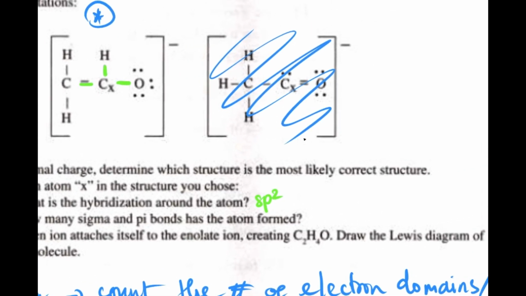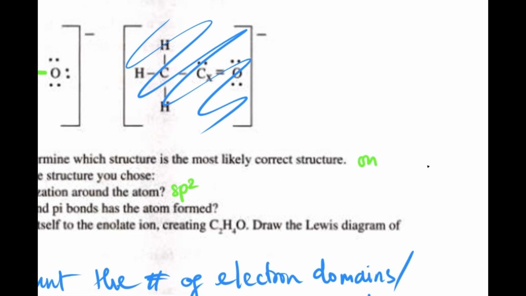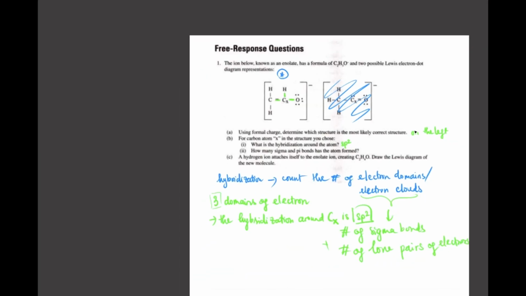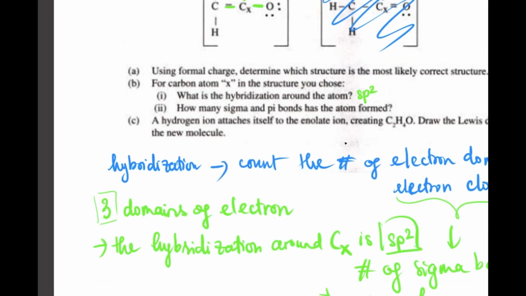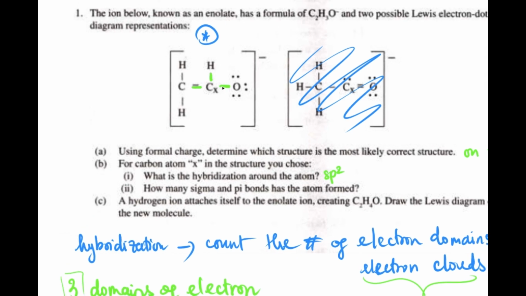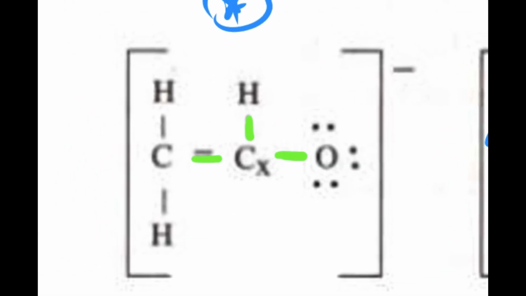For this question on the left, I'm going to write the answers here. How many sigma and pi bonds has the atom formed? Let's take a look at this all over again.